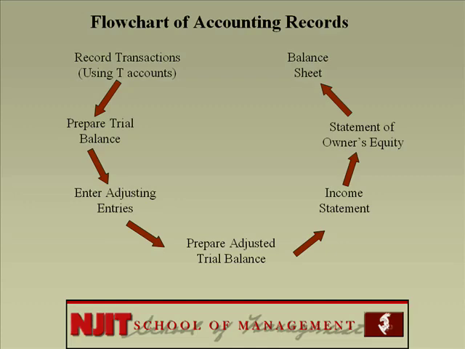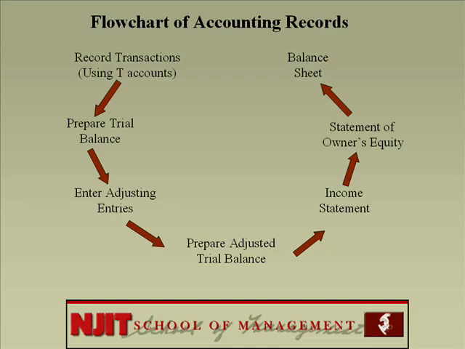They're actually correcting entries. So you enter those, and then you redo the trial balance, and the trial balance is now called adjusted trial balance. Now you're done. From your trial balance, you do an income statement, statement of owner's equity, and balance sheet.